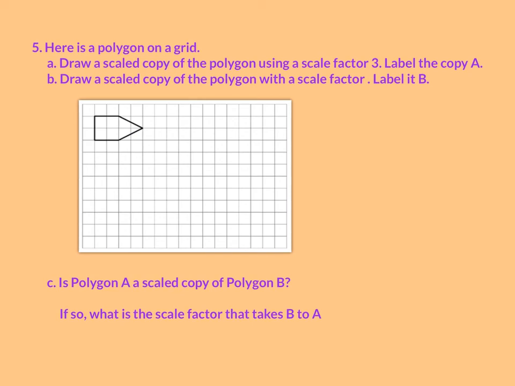Our last problem, we have a polygon on a grid, and the first thing it asks us to do is to draw a scale copy using a scale factor of 3. So we know a scale factor means we multiply each side times 3. So this first side is 2. So 2 times 3 is 6.